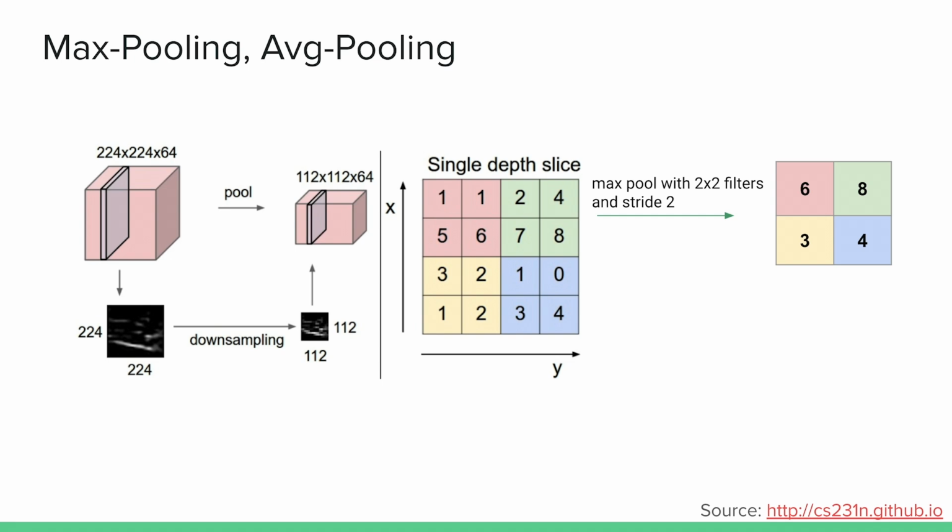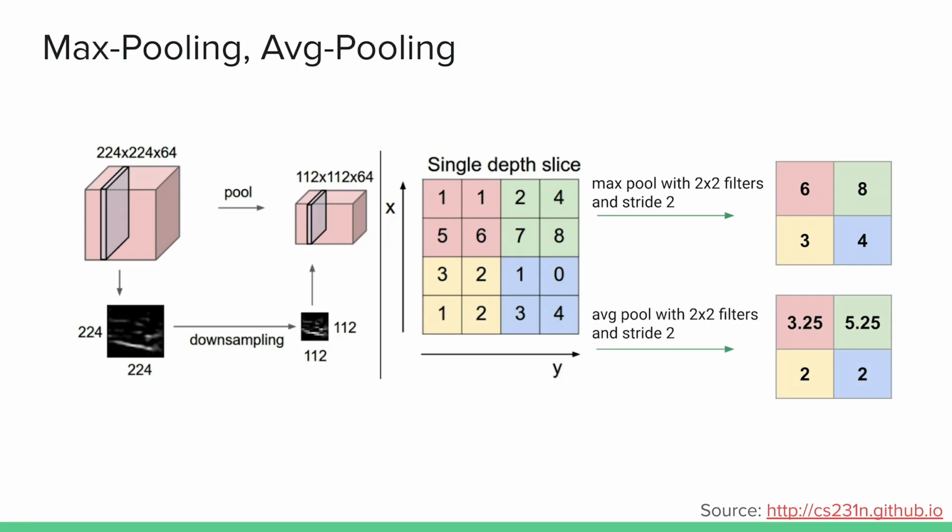If the right part is our input image, it just takes a look at those four numbers, 1, 1, 5, and 6, takes the maximum number, and that will be our output. Similarly, average pooling will just compute the average of its inputs, and that will be our output. On the left here you see one example. If that black and white image were our input, and we have a 2x2 max pooling, it would extract this into a 112 by 112 image, downsampling that image.